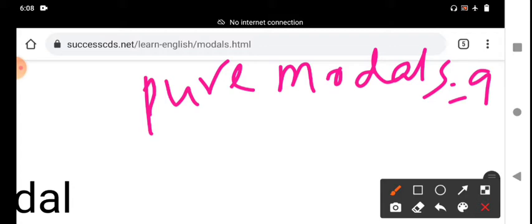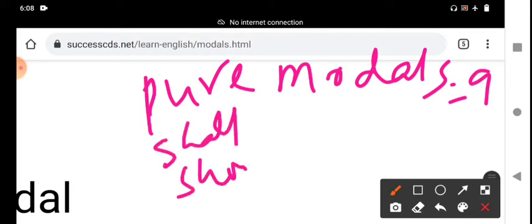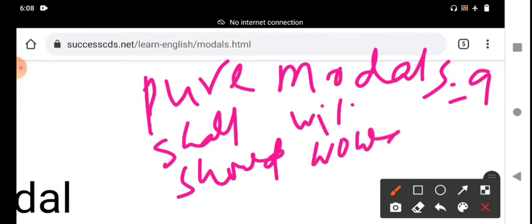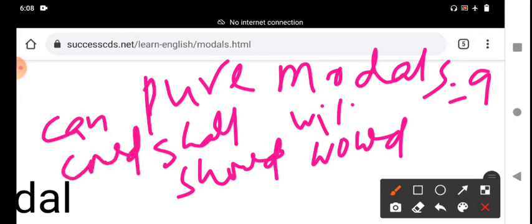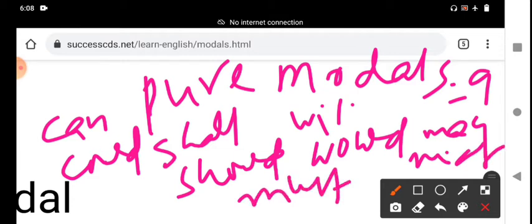They are shall, should, will, would, can, could, may, might, must. These 9 modal verbs are called pure modals.